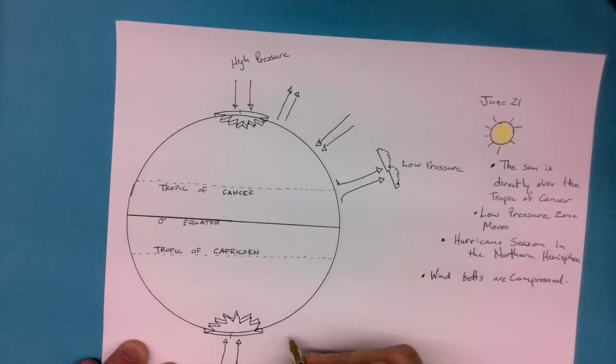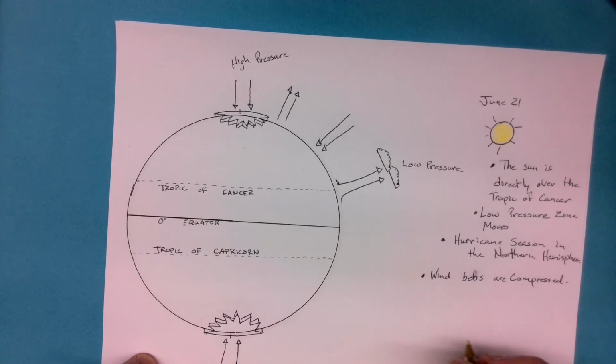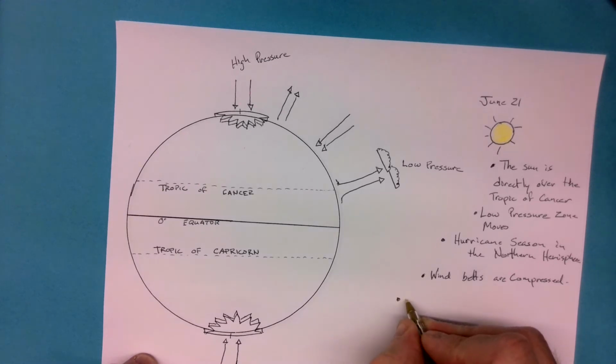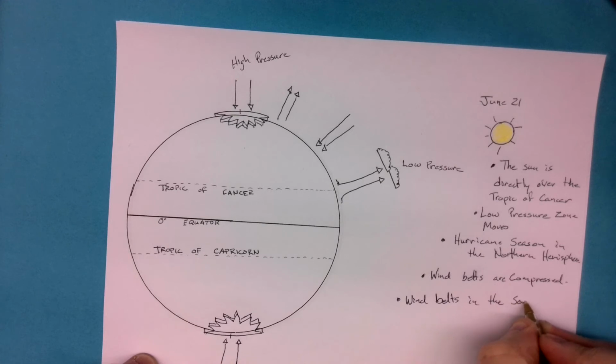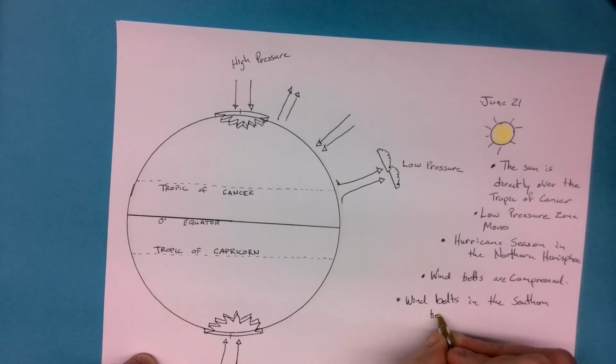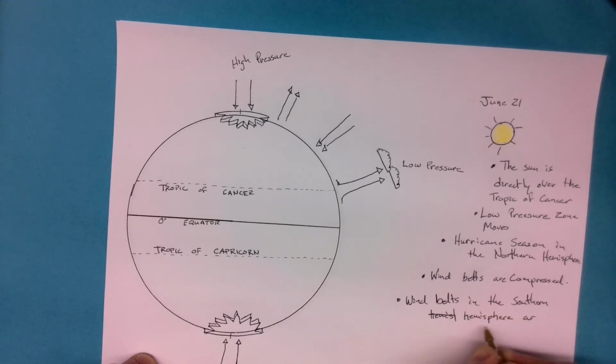Now, what happens in the southern hemisphere is the wind belts in the southern hemisphere are elongated, they stretch.